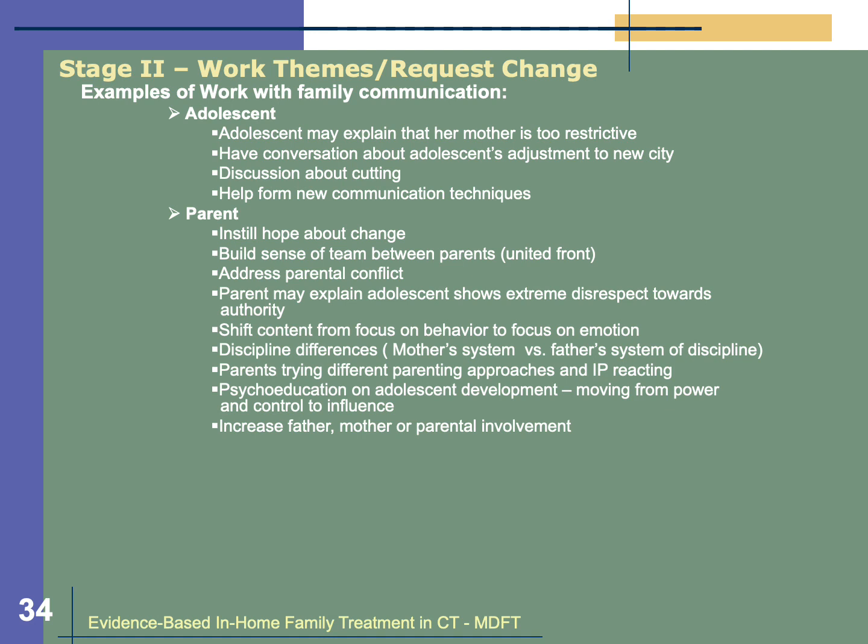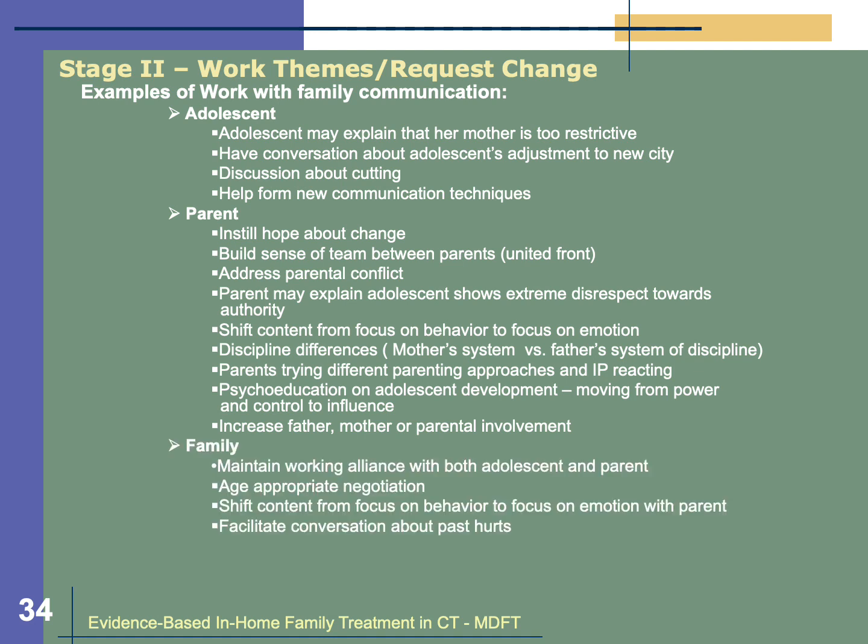So we have to teach the parent about what is normal and expected in adolescence, regardless of what's going on, and what is essentially related to delinquency and drug use. Because parents might conflate those two things and assume that everything that's going on with the child is related to drug use, whereas moving away from the parents and developing a sense of identity is a normal developmental process. And so then we can increase parental involvement with the child.